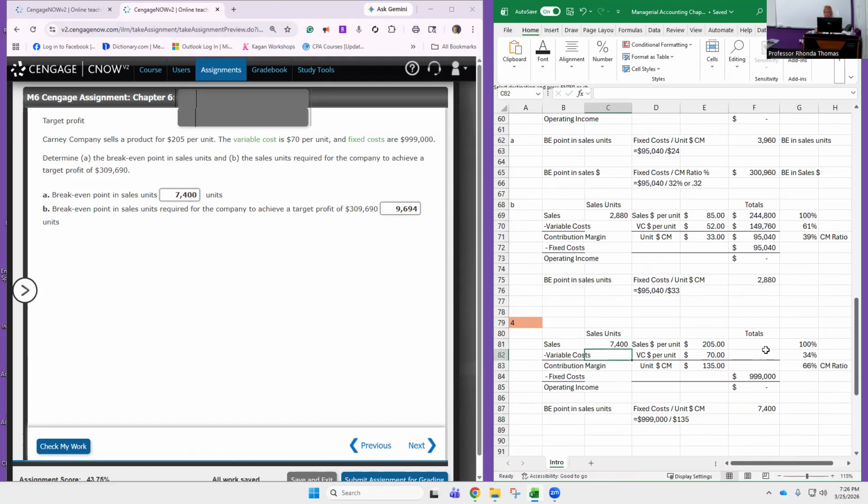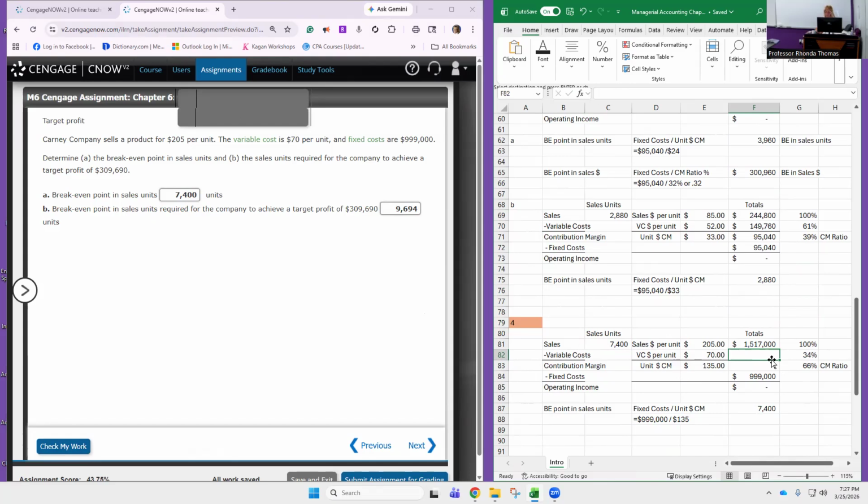And we're going to go ahead and test this out to see if it works. So if we sell 7,400 units times its sales price, we should get our break-even sales dollars. 1,517,000.